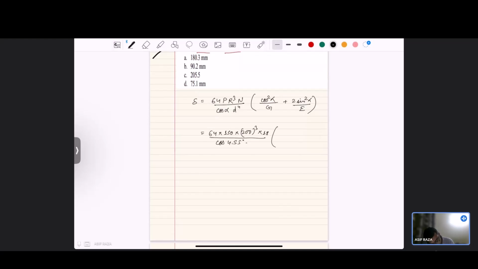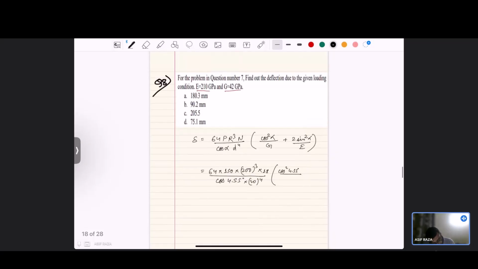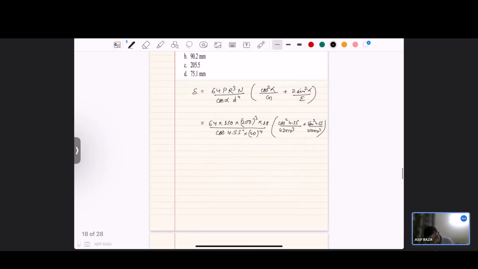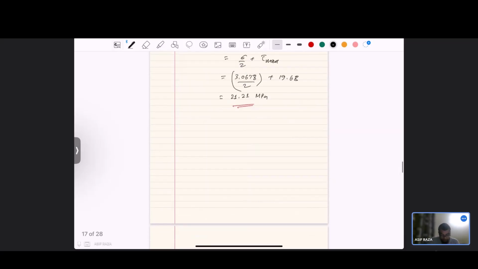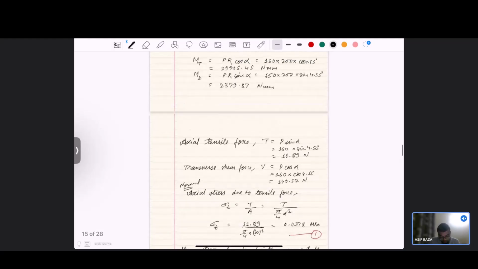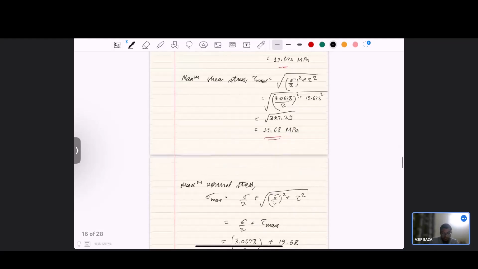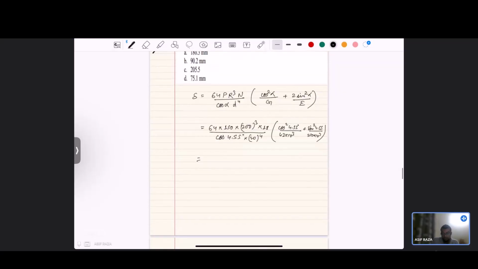Then d to the power 4, d is 20. Then cos square 4.55 degree upon G, which is 42 into 10 power 3, plus sin square 4.55 upon 210 into 10 power 3. Let me cross check the angle again. 4.5, yeah. Let's calculate this.